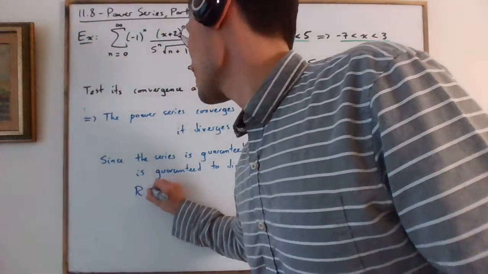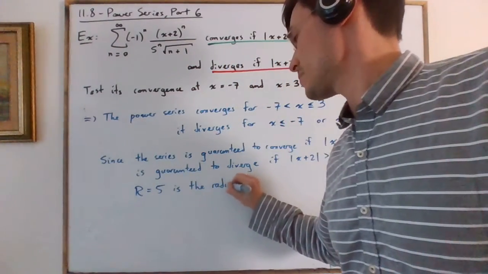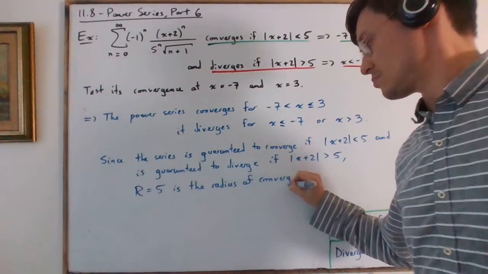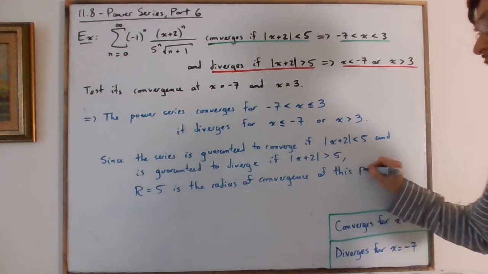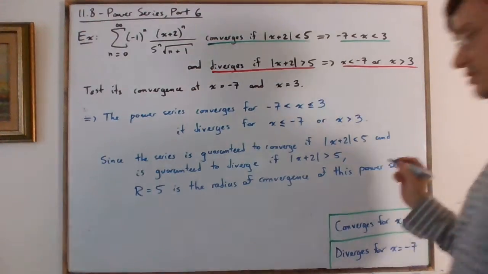So R equals 5 is the radius of convergence of this power series. Okay, so this is important.